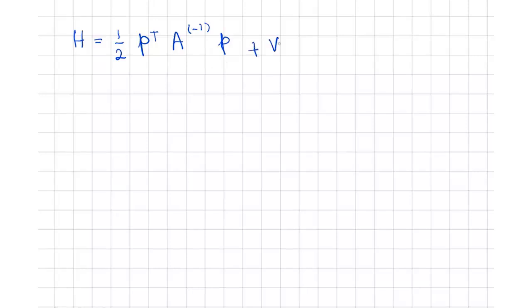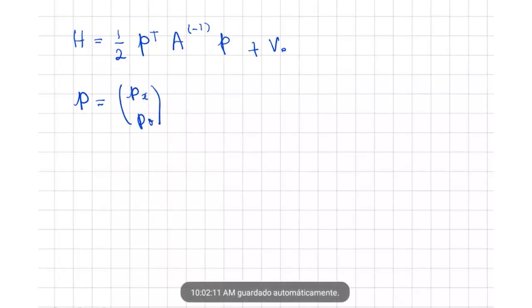This would be the definition for the Hamiltonian in these formulas. So what is P? P is the column matrix Px, P theta.